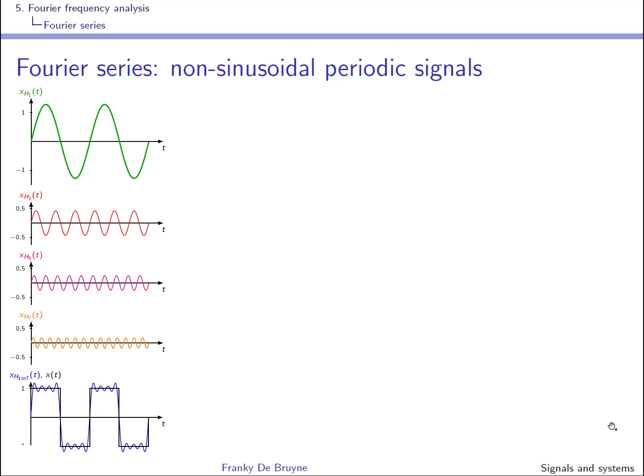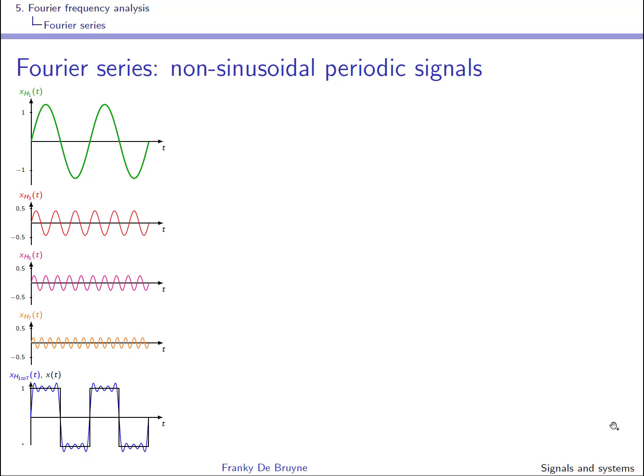So what you have just seen is that you can use the Fourier series to decompose this square wave signal in terms of the fundamental and also harmonic components. And here the fundamental is given in green, and the harmonic components, third, fifth, and seventh harmonic component, are given respectively in red, purple, and orange, right?